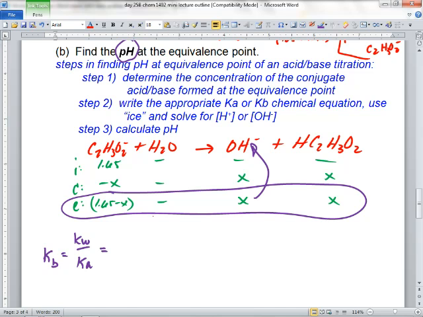So 1 times 10 to... Now, we better hope this number is what? Really big or really small? Really small. Excellent. The Ka is? No, I mean, the Kb. 1.7. Thank you, sir. 1.7 times 10 negative 5, if you look it up.